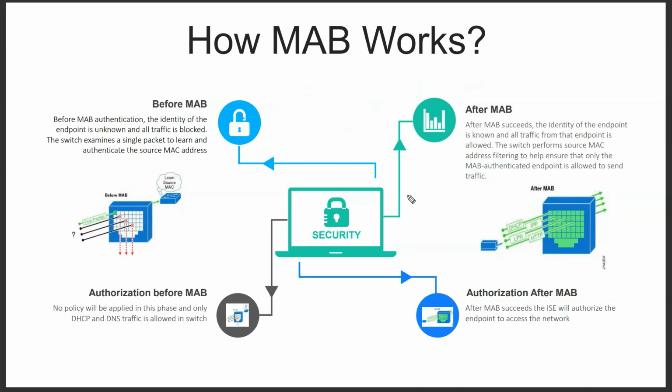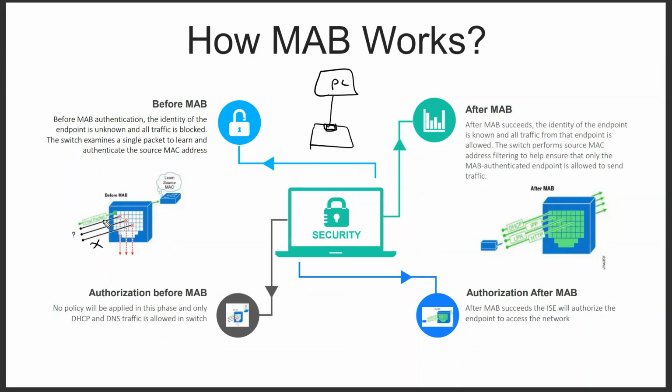All right. So in the MAB authentication, whenever the machine is connected to the switch, it is on the port connected to the client PC. On this port, by default, no traffic is allowed. All the traffic will be dropped.